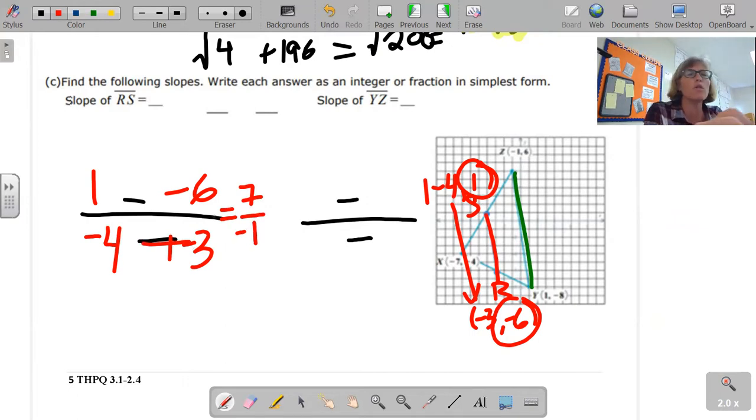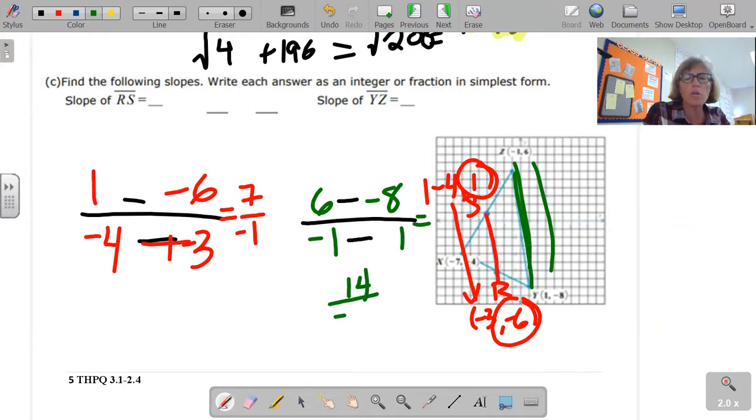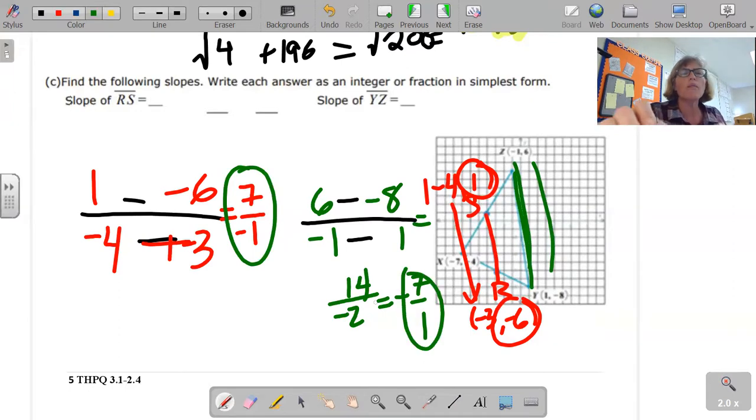So it's -7 over 1. This one is going to be 6 minus -8, and -1 minus 1. This is 14 over -2, which is also -7 over 1. Okay, so we have proven that the slopes are equal.